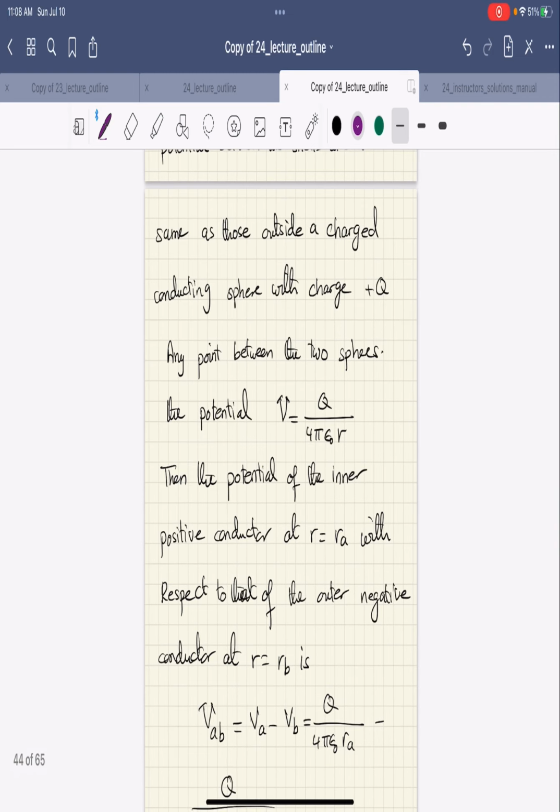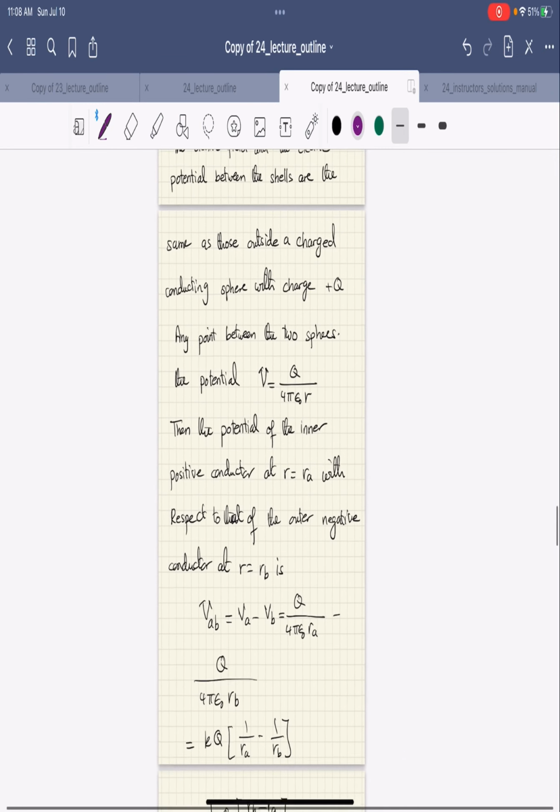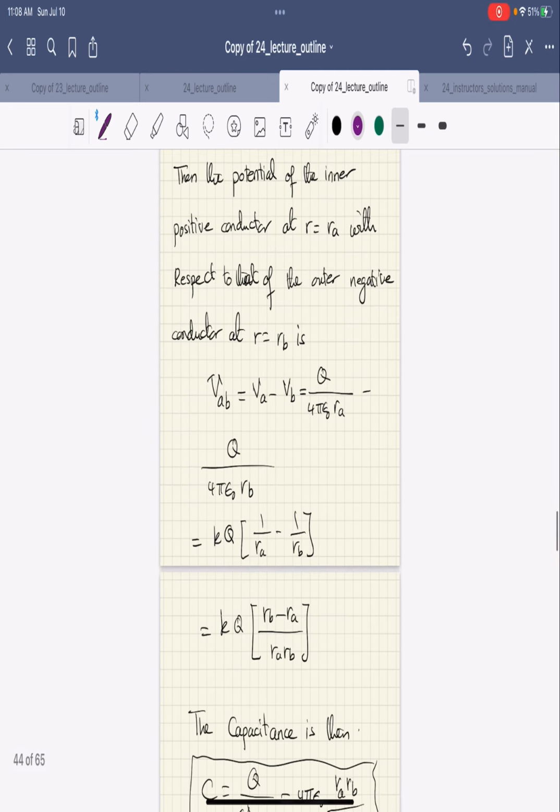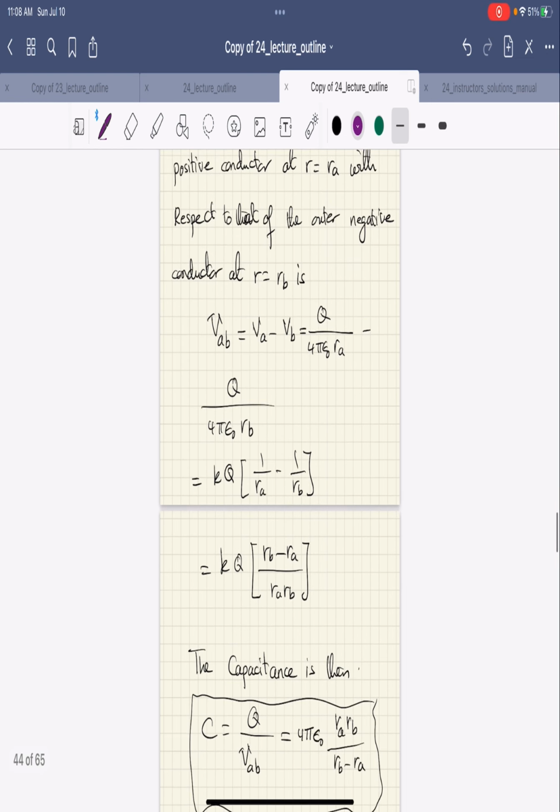We subtract VA minus VB, and that is Q over 4 pi epsilon 0 RA minus Q, which is the same charge but negative, over 4 pi epsilon 0 RB. Sometimes I like to write 1 over 4 pi epsilon 0 as K.